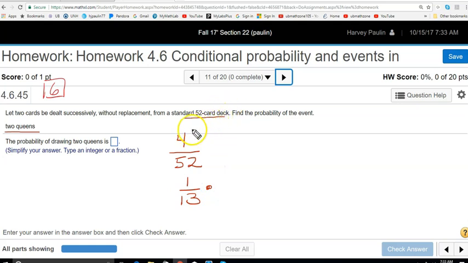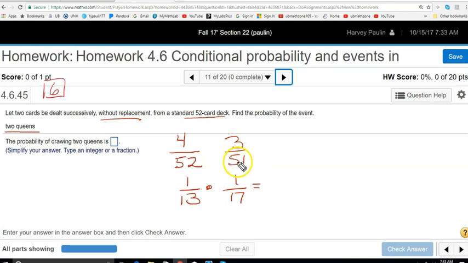But now you've selected, and this is without replacement. So you've selected 1 queen, theoretically. So now there's only 3 left in the deck, and there's only 51 cards. Can this be simplified?